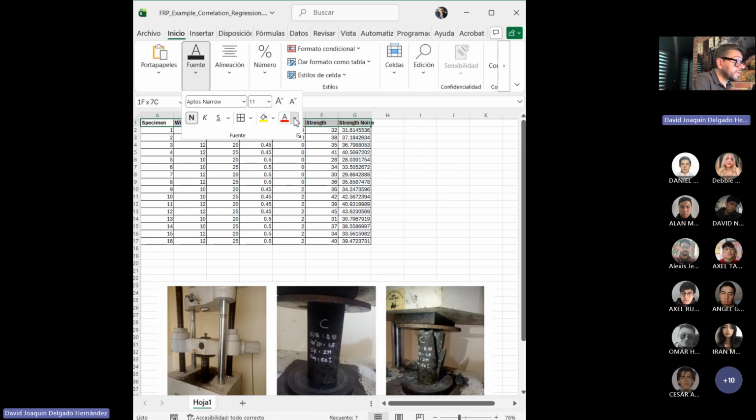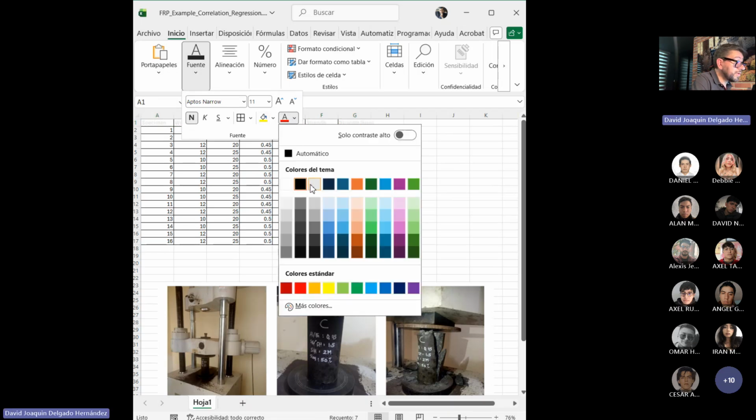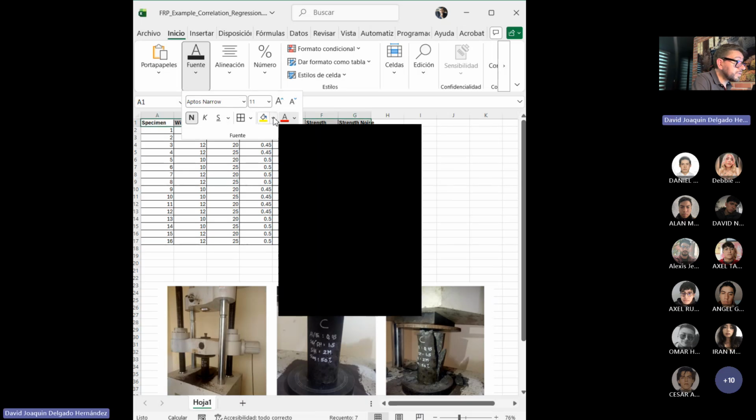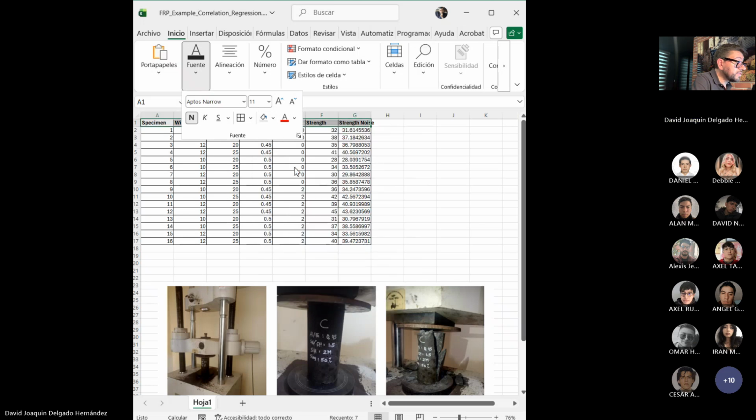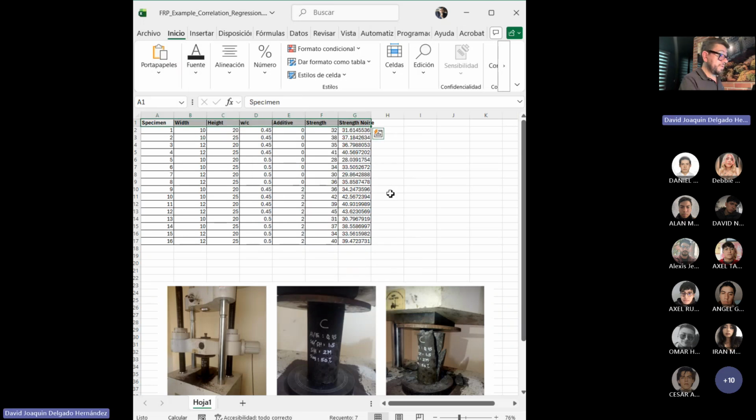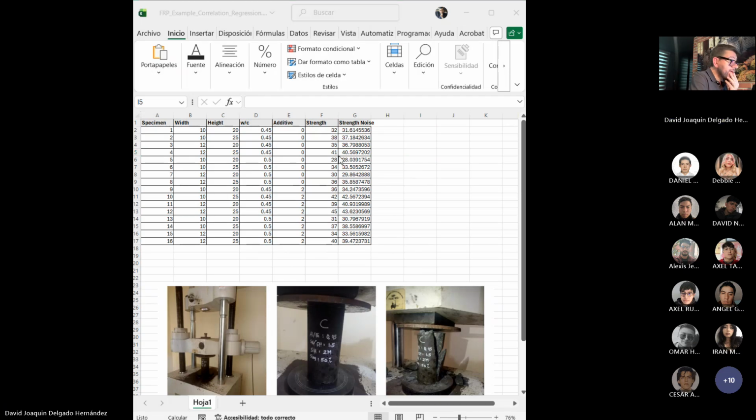And perhaps we can use some gray. Here, some gray. Something like that, okay? So it looks better. Okay. So let us put here some information.